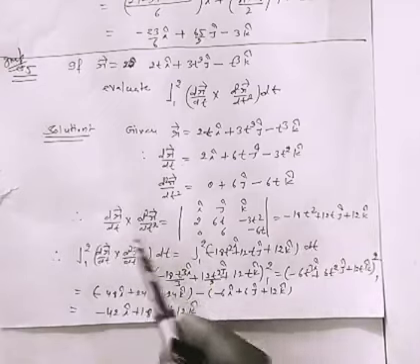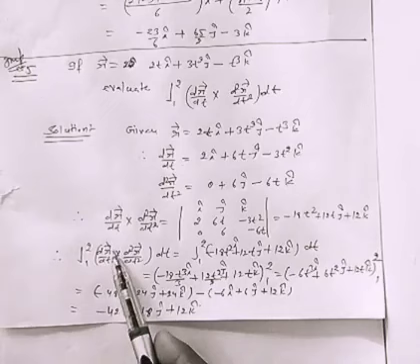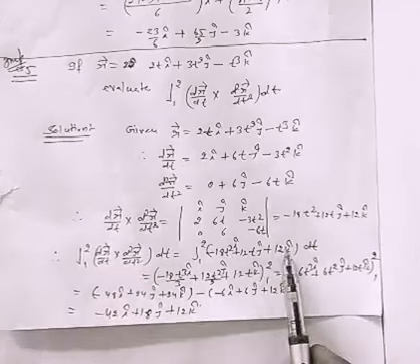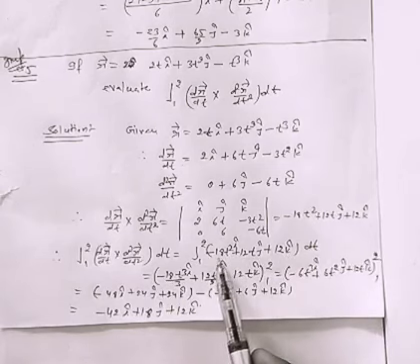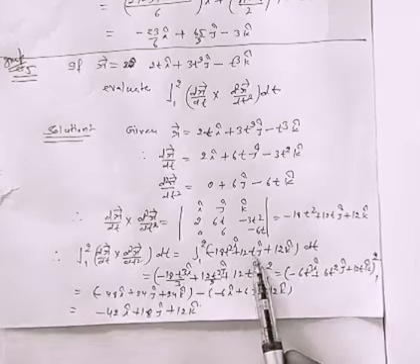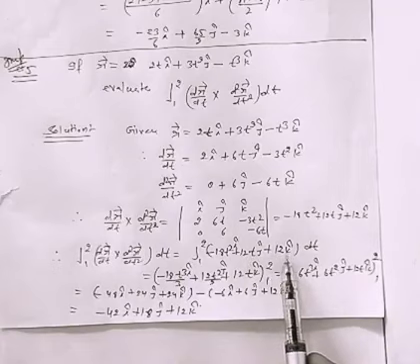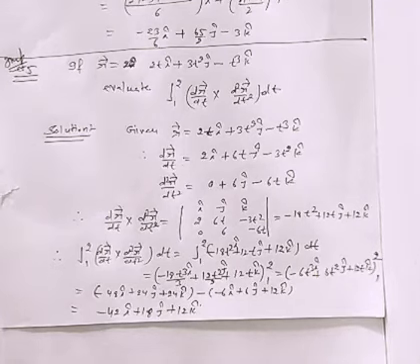Putting these values in that integral, we have the integral from 1 to 2 of dr by dt cross product with d2 r by dt square. Putting this value and integrating: minus 18t square, integration of that term is minus 18t cube by 3, 12t, integration of 12t is 12t square by 2, plus 12k, integration of 12k is 12t, and putting the upper and lower limit, we get the answer. Okay students, clear?